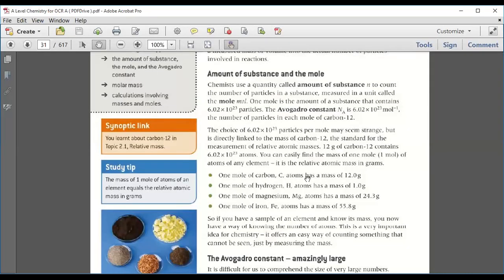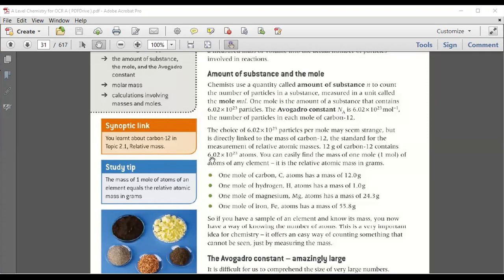1 mole of carbon is equal to... the choice of 6.022 × 10^23 particles per mole may seem strange, but it is directly linked to the mass of carbon-12, the standard of measurement of relative atomic masses. 12 gram of carbon-12 contains 6.022 × 10^23 atoms.